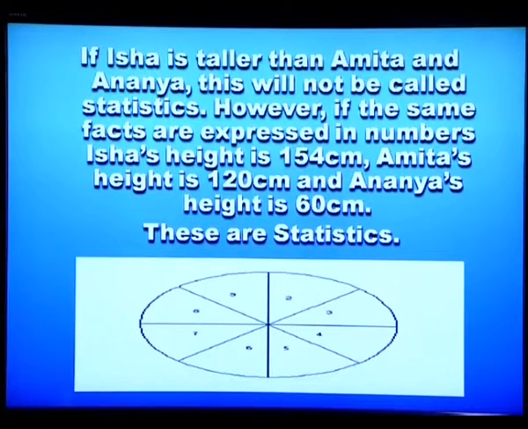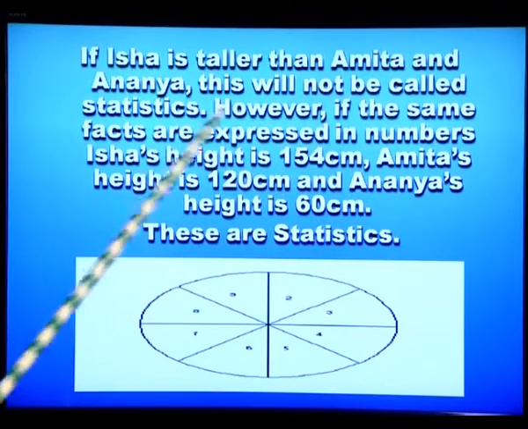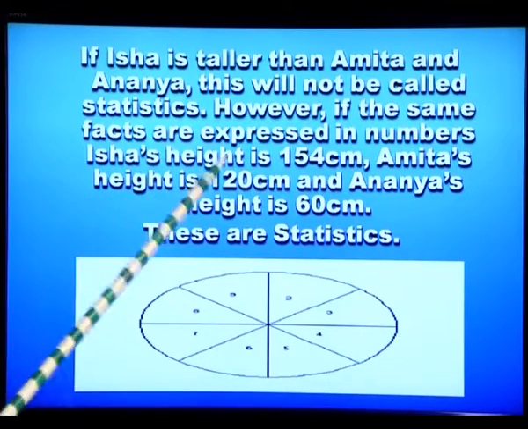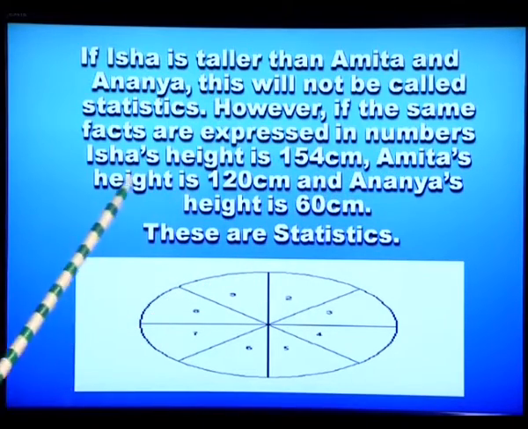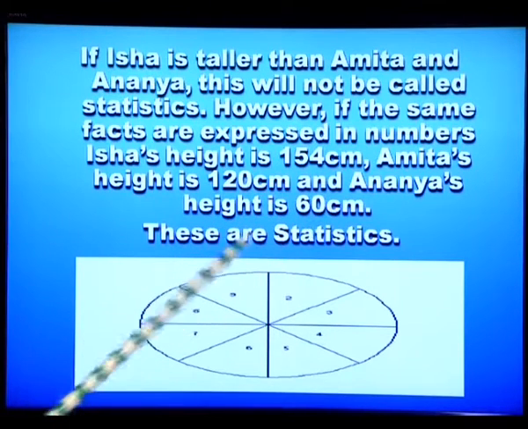Why? Because this fact is not numerically expressed. However, if the same facts are expressed in numbers, that is, Isha's height is 154 centimeters, Amita's height is 120 centimeters, and Ananya's height is 60 centimeters, then these are statistics. Remember, numerical facts are statistics.